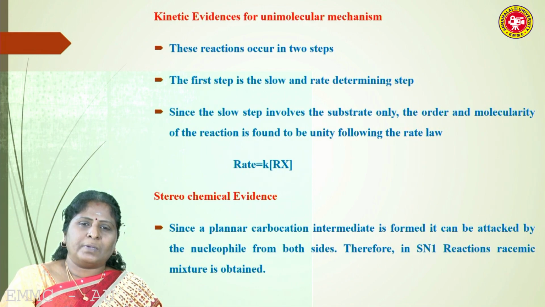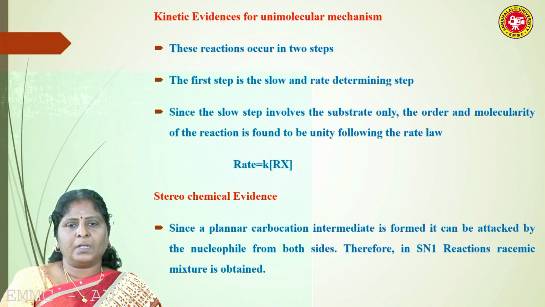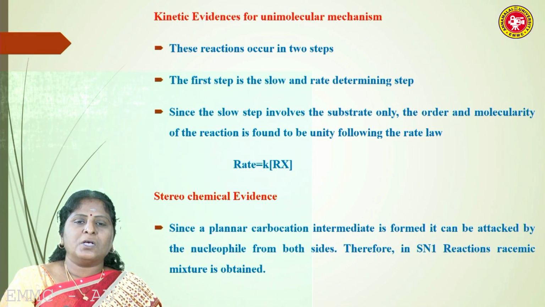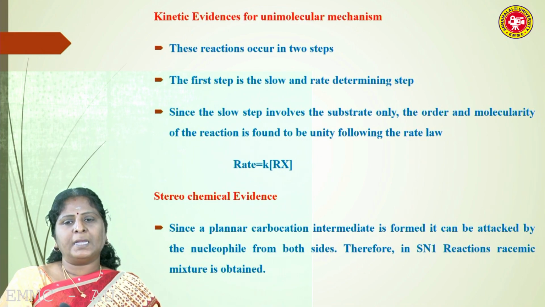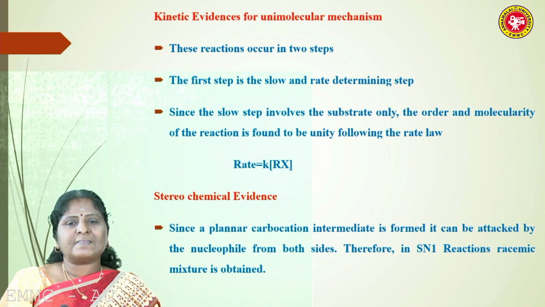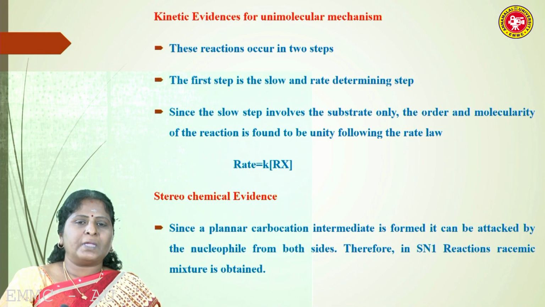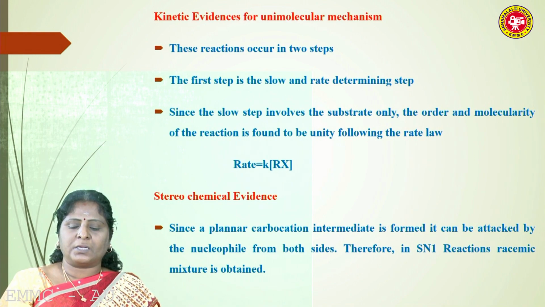There are two possibilities: the carbocation can be attacked by the nucleophile either from the top or from the bottom, with equal probabilities. So if the starting material has a chiral carbon, then the product is bound to be a DL isomer, that means a racemic mixture. So from the nature of the product, we can arrive at a conclusion whether the mechanism is unimolecular or not.